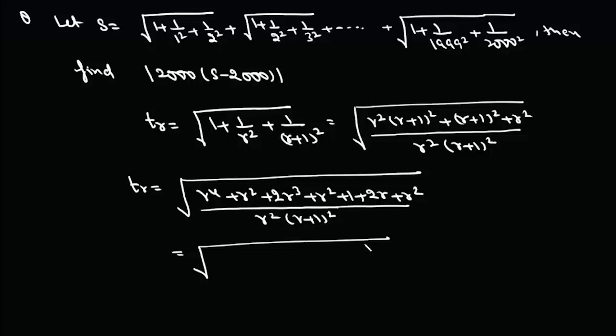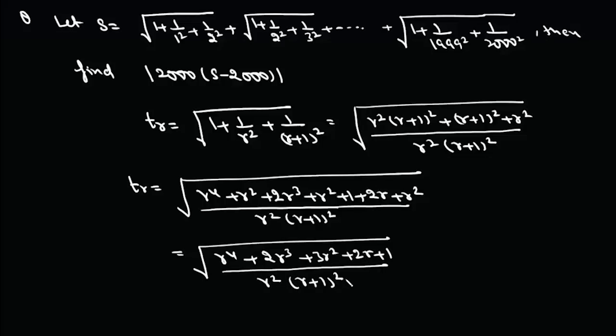Now it is under root of r to the power 4 plus 2r cube plus 3r square plus 2r plus 1 upon r square into r plus 1 whole square.